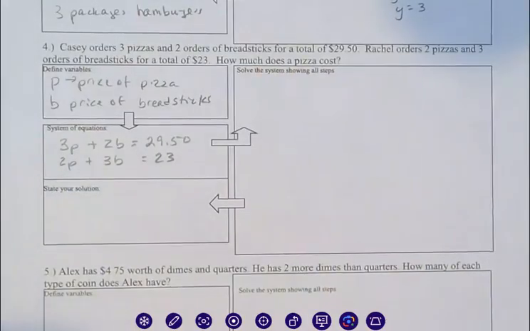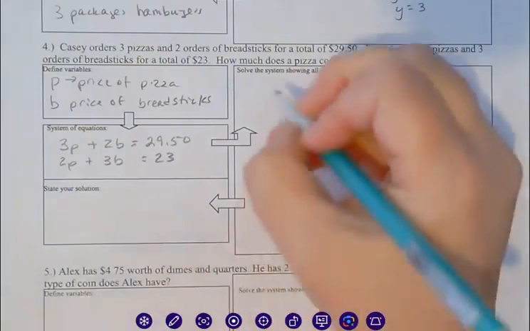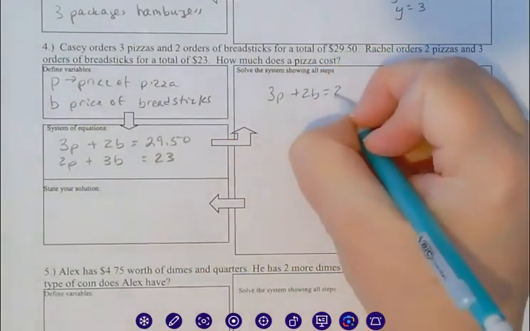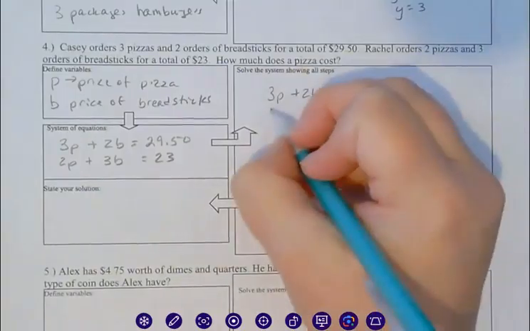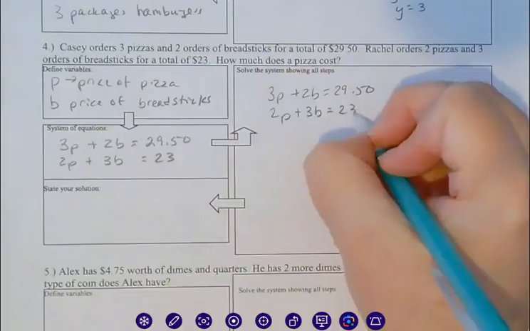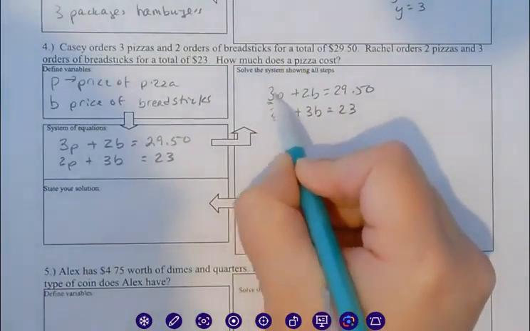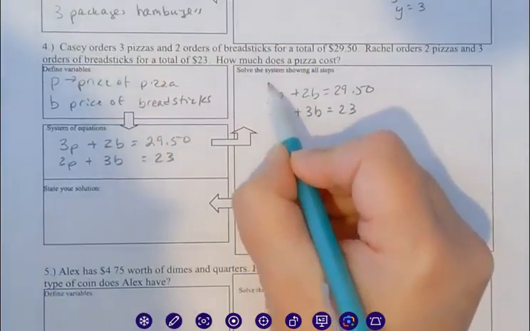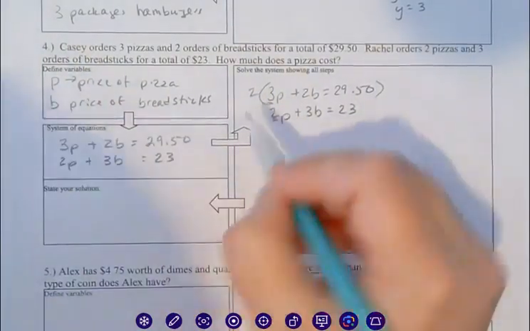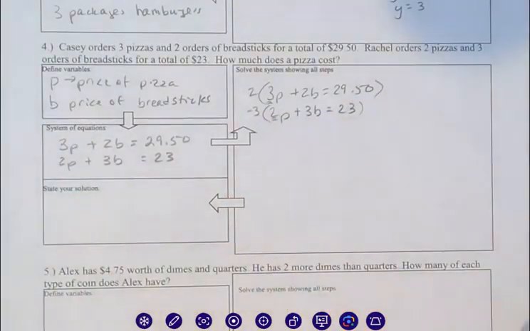So what I notice on this one is I have a number other than 1 in front of each one of those equations, so I'm probably going to do the elimination method. And I've got to decide which variable I want to eliminate. I'm going to eliminate P, so I'm going to try to get a 6 in front of each of those. In fact, I'm going to take this one times 2 so that I get a 6, and I'm going to take this one times -3 so that I get -6.